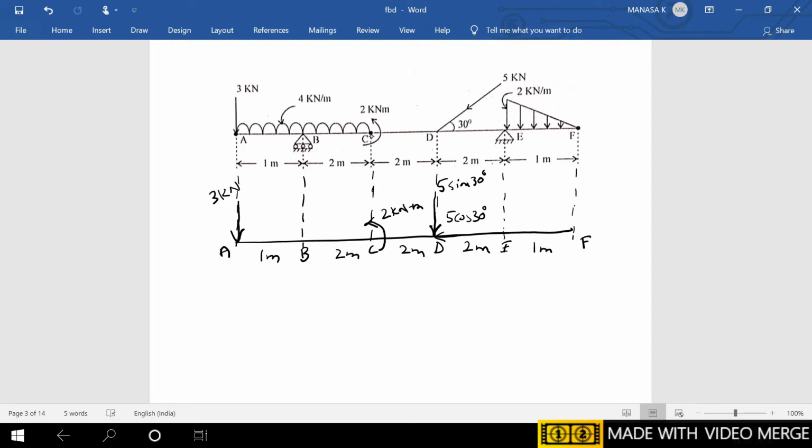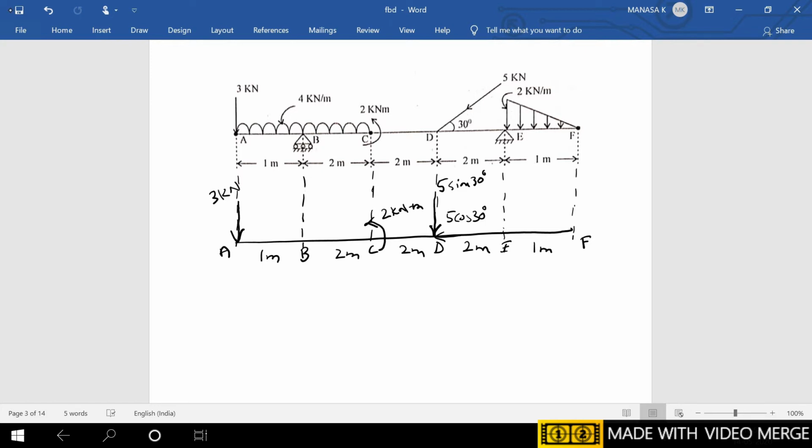Or else it can be converted into one single point load where the entire UDL is taken with the intensity of 4 kN from point A till point C, of length 1 plus 2 meter, that is 3 meter, which will be acting as a point load between A and C at an equal distance of 1.5 and 1.5 from points A and C respectively.